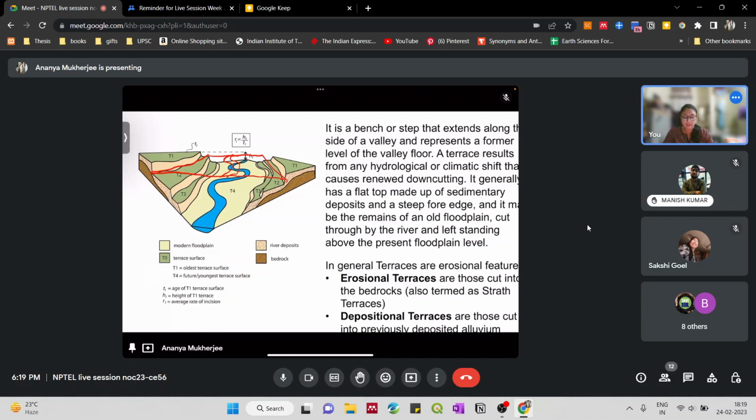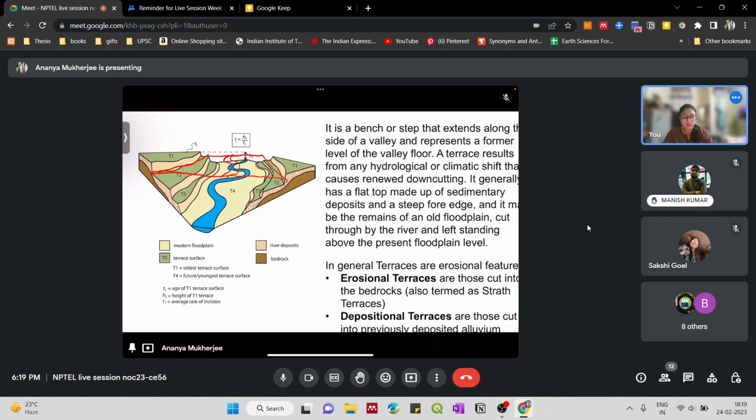Over here you can see the rate of incision. The incision, how fast or how slowly the river is cutting through a region, is given by the rate of incision. You can calculate it by the height of the terraces and the age of the terrace surface.